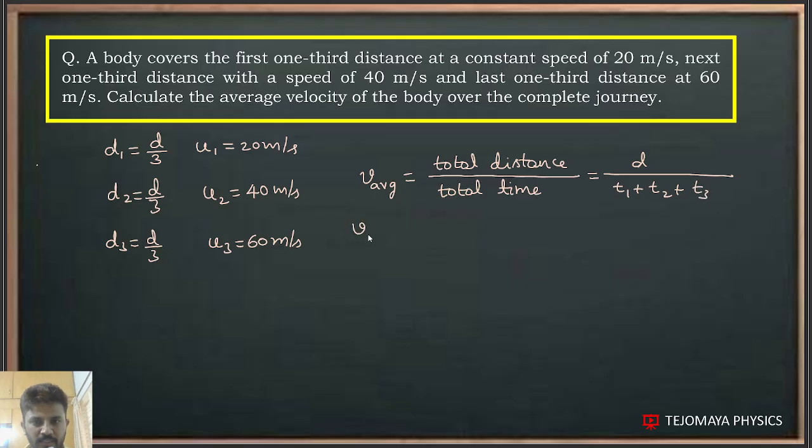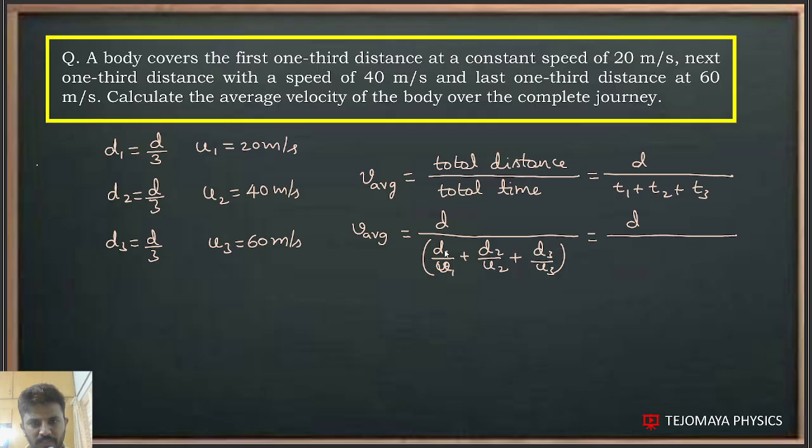So average velocity is equal to the total distance d divided by d1 by v1, or u1 you can also write, plus d2 by u2 plus d3 by u3. What is d1? d by 3, d2 is d by 3, d3 is d by 3.